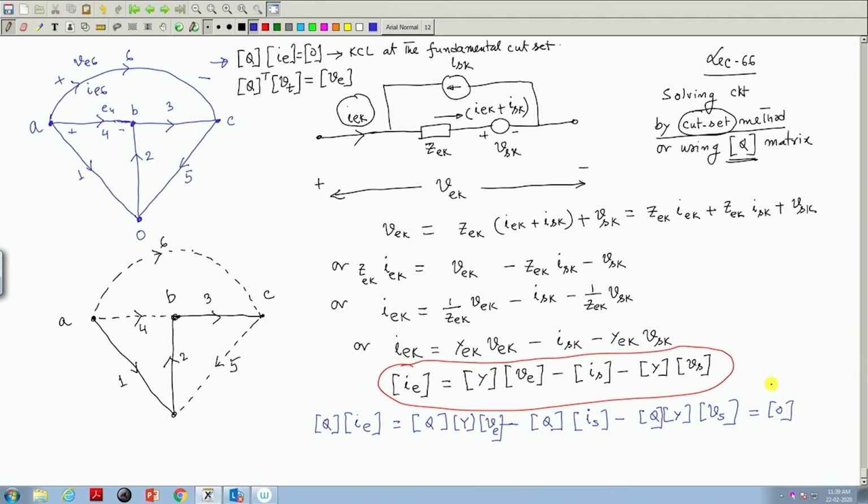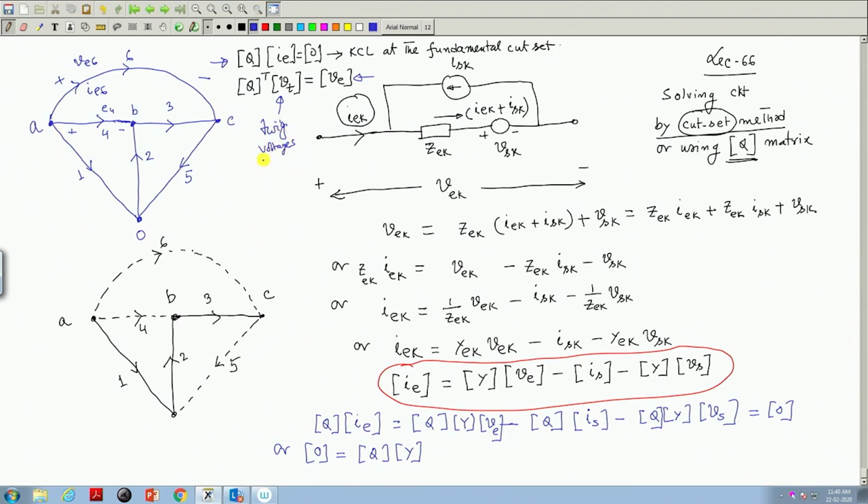So from this, this is equal to 0, and 0 equals Q into the admittance matrix Y into Ve. Ve can be written in terms of twig voltages.